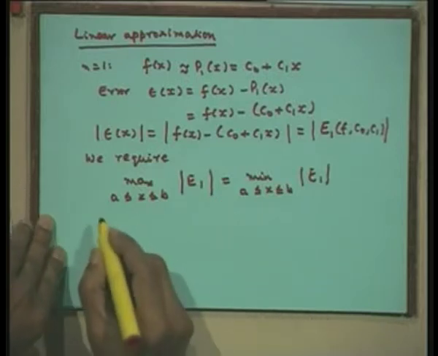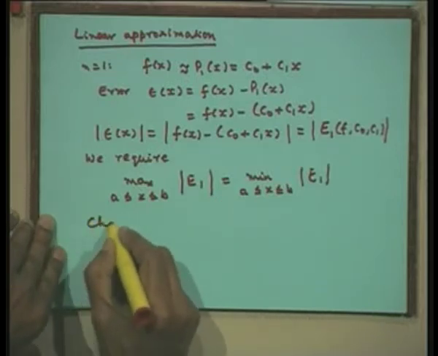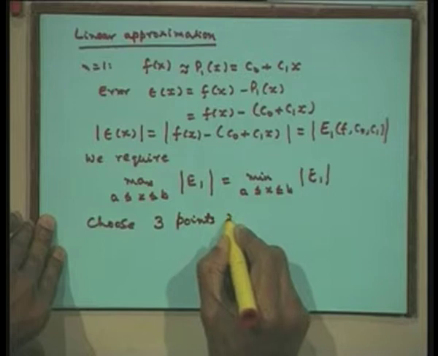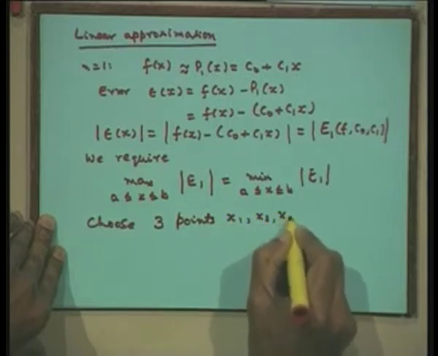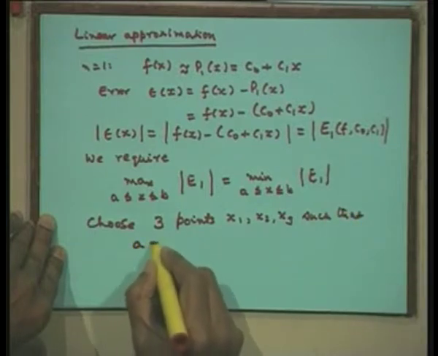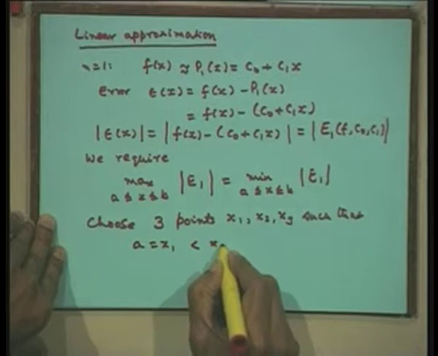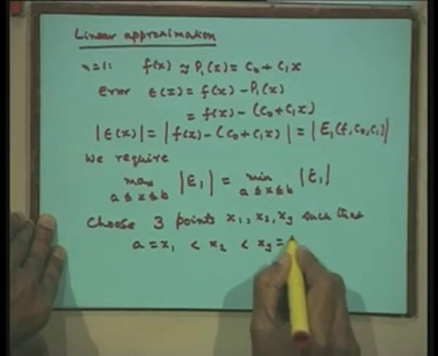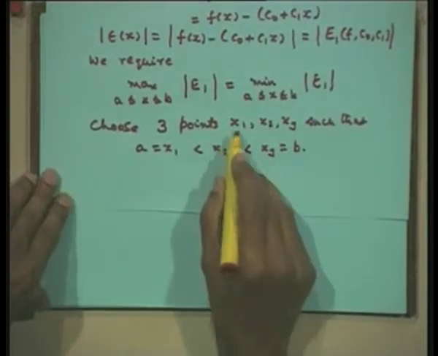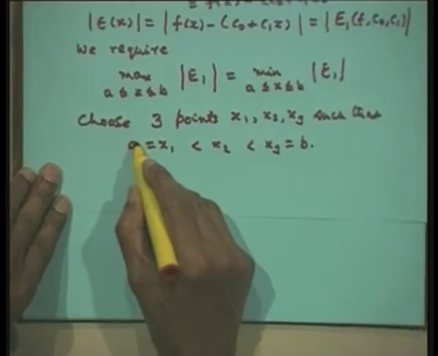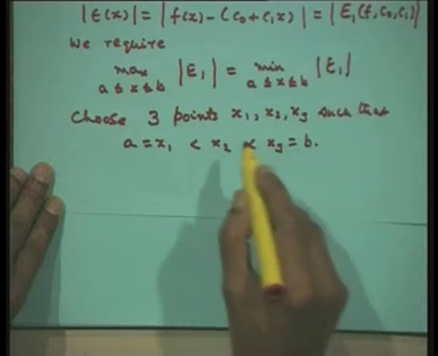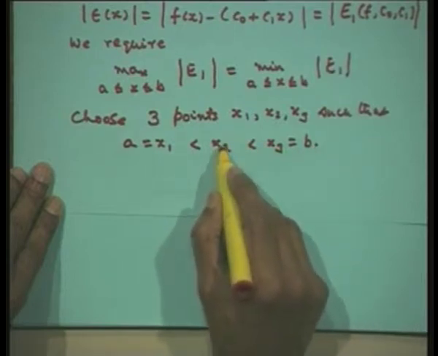To do that, we would choose 3 points. Let us call them x 1, x 2, x 3, such that A is equal to x 1 less than x 2 less than x 3 is equal to B. That means, out of the 3 points, the first point is the starting point of the interval A, the last point is the end point of the interval B, and we need to determine x 2 also, x 2 will be an unknown.